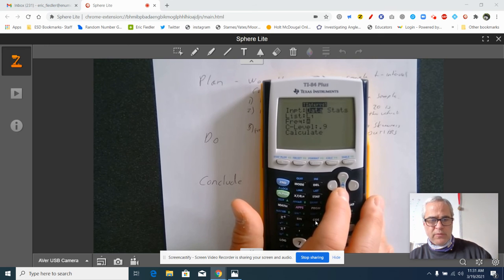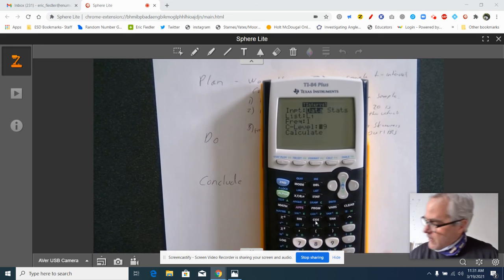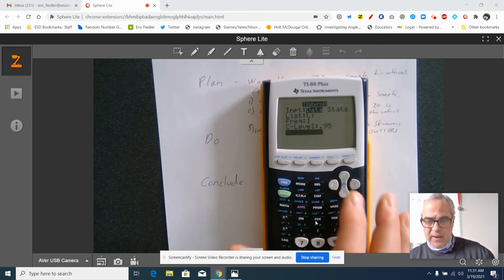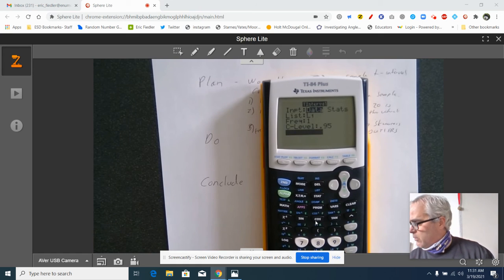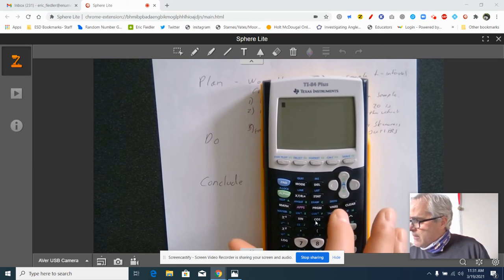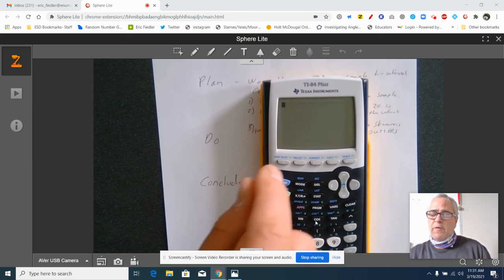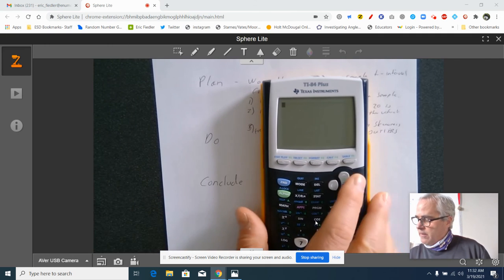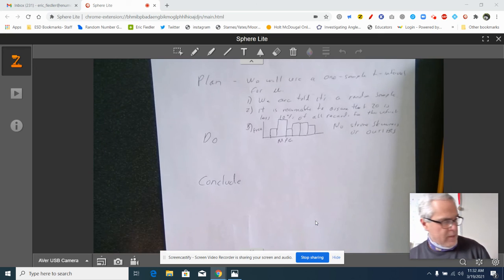Frequency of one is fine. The confidence level they said was 95, so you enter 0.95 and then you calculate it. The key thing is make sure you switch it over from stats to data because you're entering in data for this, like the technology corner shows us.